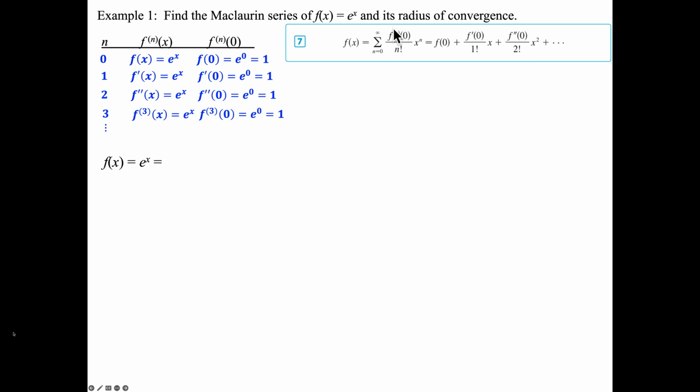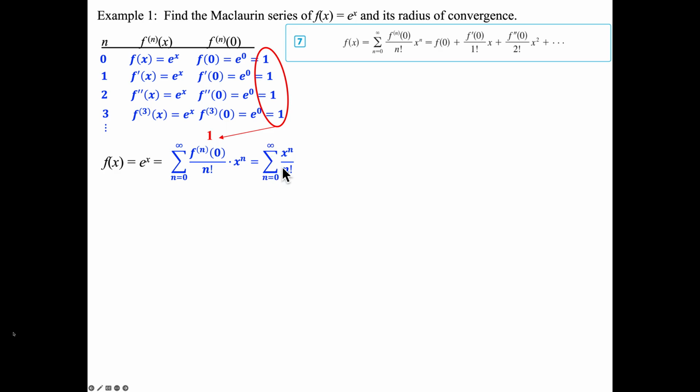So these numerators here are all going to be 1. If I were to start writing this out, like I said, my numerator is now a 1. And so this changes to the summation of just x to the n over n factorial, starting with n equals 0 to infinity.